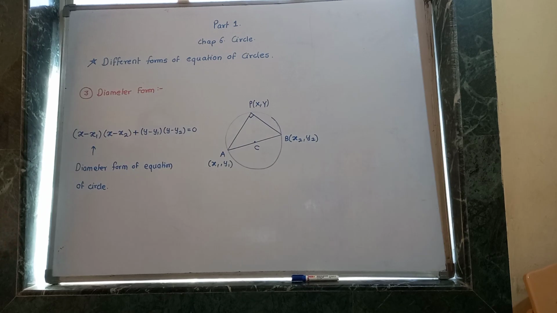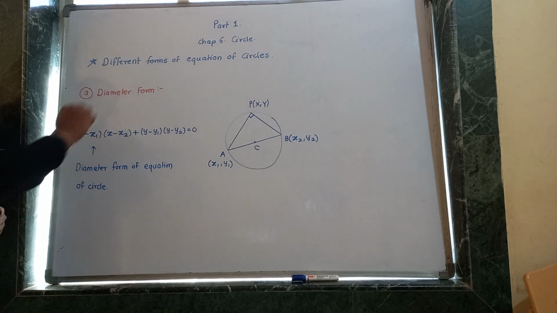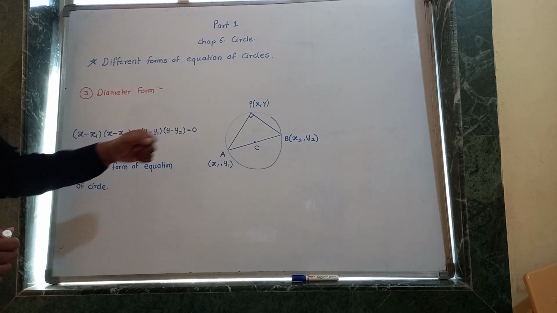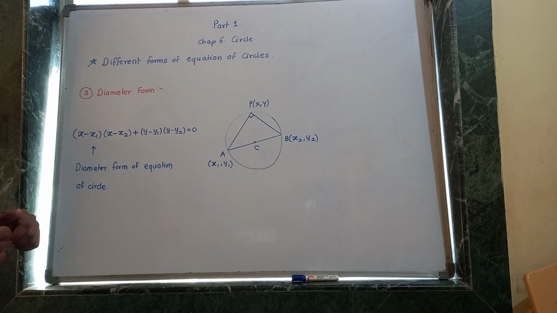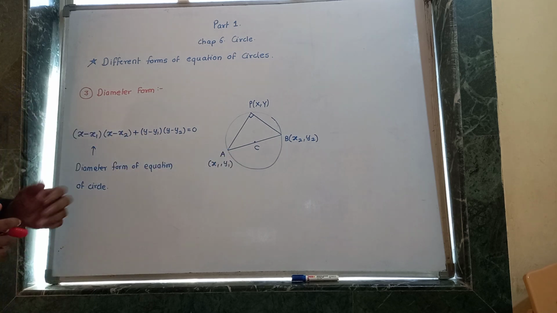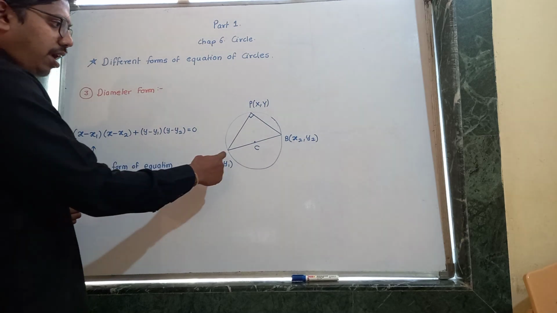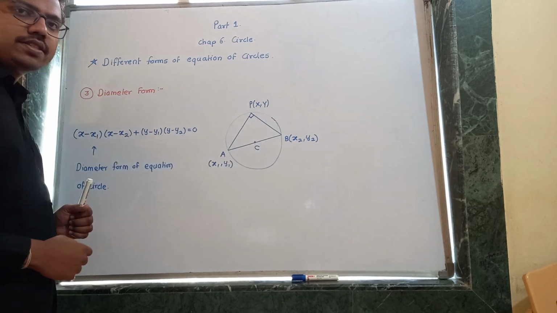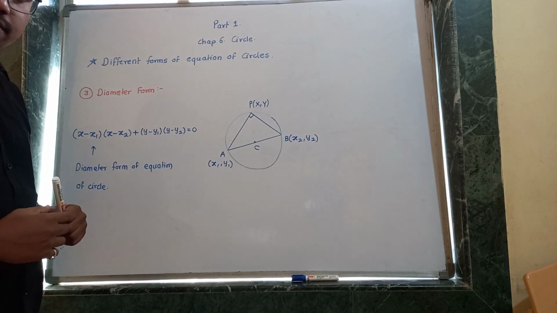Okay, now there is a third point, and the third form is the diameter form. Okay, diameter form. So there is one more diagram for you. In this circle, which one is the diameter? If C is the center, the diameter should be passing through that center C. So AB, which is passing through this point C, we will say is a diameter.